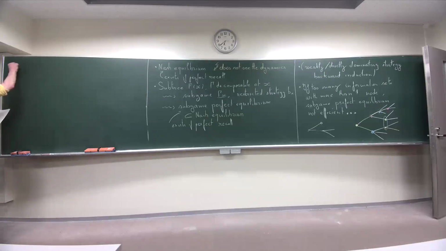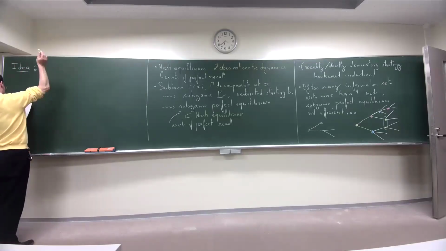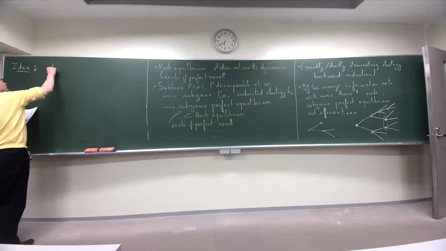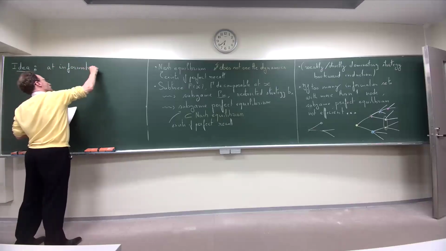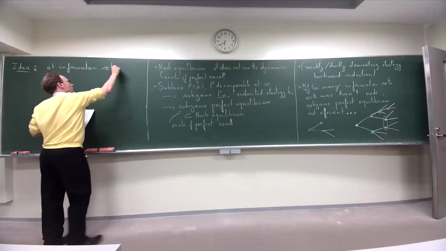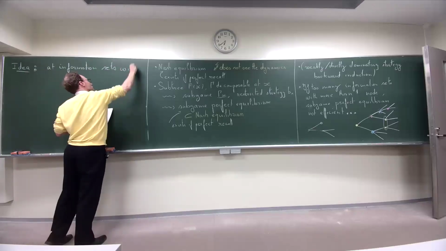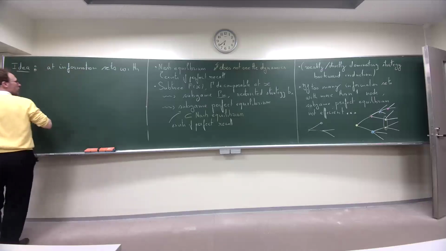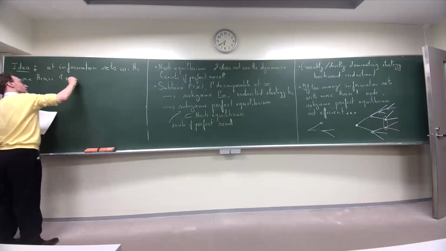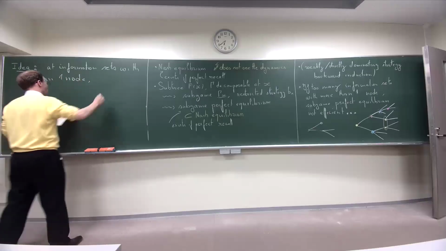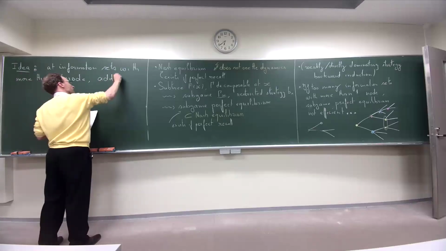So the idea, first I write the idea. What is new is, at an information set with more than one node, like the one in yellow, or one vertex, it is the same, we are going to add beliefs.